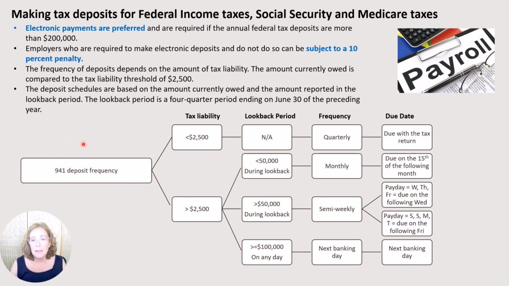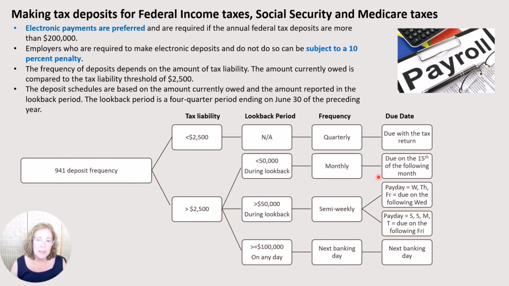If the payroll tax liability per year is below $2,500, then the deposit frequency is quarterly, and the amount is paid with the filing of the tax return. If the payroll tax liability is greater than $2,500, then we have to look at the amount of payroll taxes during the look-back period. If the amount was less than $50,000, then the deposit frequency is monthly, and the amount is paid by the 15th of the following month.